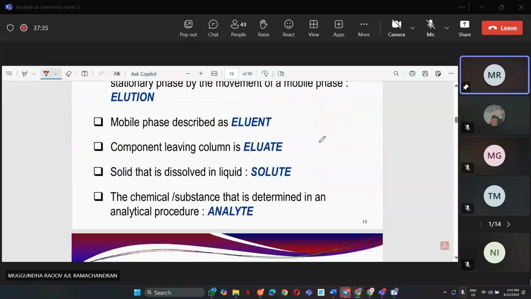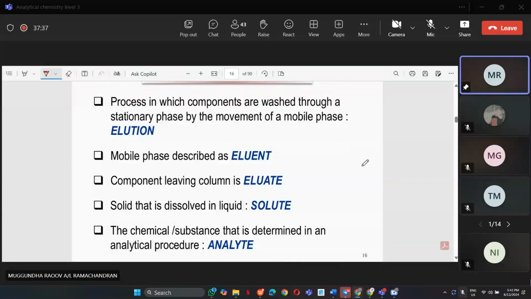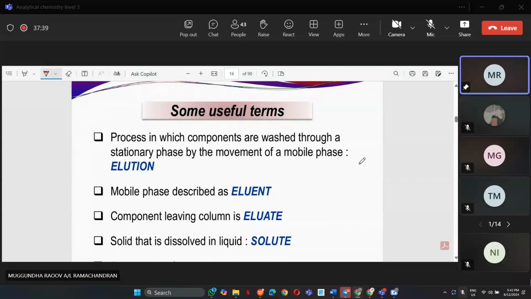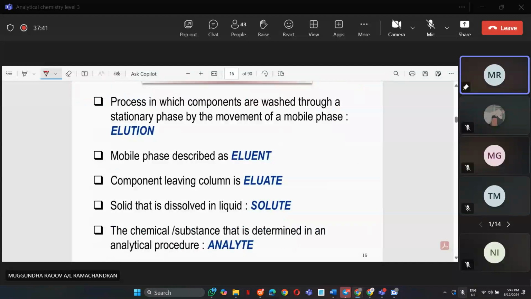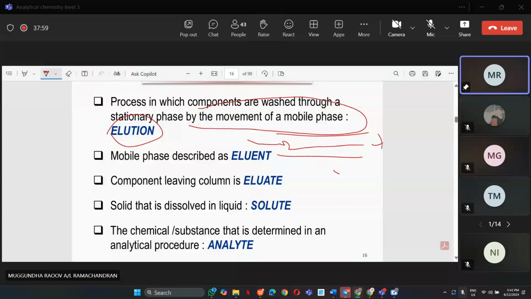Now, class, this is very important again. Look at these useful terms. The process in which the components are washed out through the stationary phase by the movement of the mobile phase, we call elution. In a column, when the mobile phase brings the sample through the column and it exits the column, it will give you a peak like this.